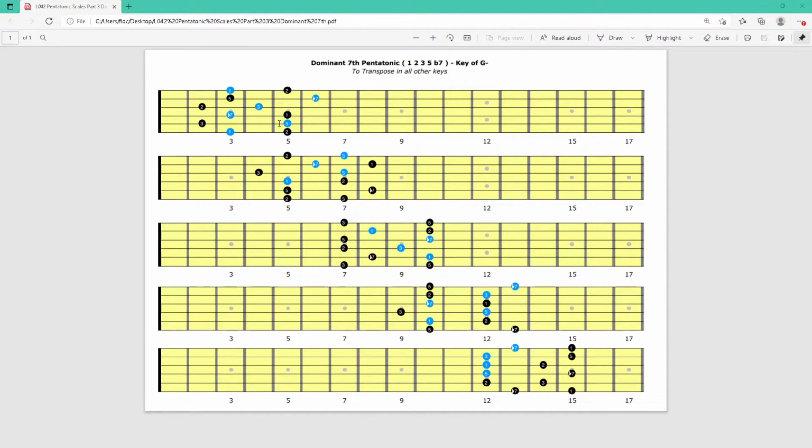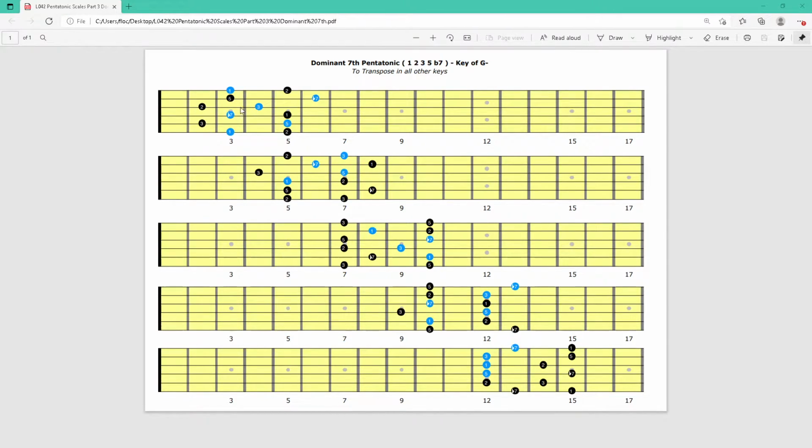You can see here actually a minor 7 flat 5, semi-diminished arpeggio. In other words, the half-diminished arpeggio is actually included in the dominant 7 pentatonic if we start from the third note.